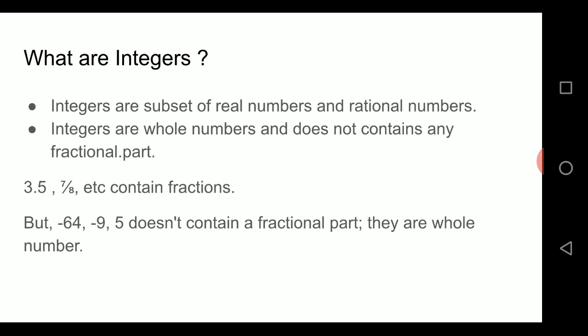Look at the number 3.5. It has a fractional part, dot 5, and similarly if you divide 7 by 8, again you're going to get some kind of fraction. But negative 64 or negative 9 or 5 does not contain any fractional part. They are whole numbers. So this is what an integer is.